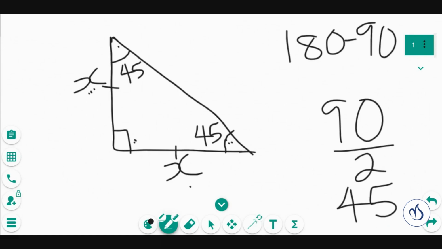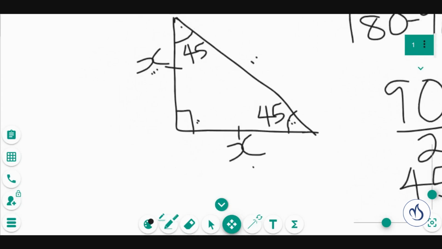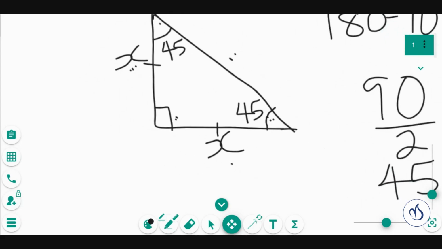Very well. By Pythagoras theorem, I can know the length of the hypotenuse. We said the hypotenuse squared is equal to the sum of the squares of the shorter sides. Since the hypotenuse is not known, I'm going to assign it an unknown. Then we use Pythagoras theorem to find the value of this unknown.